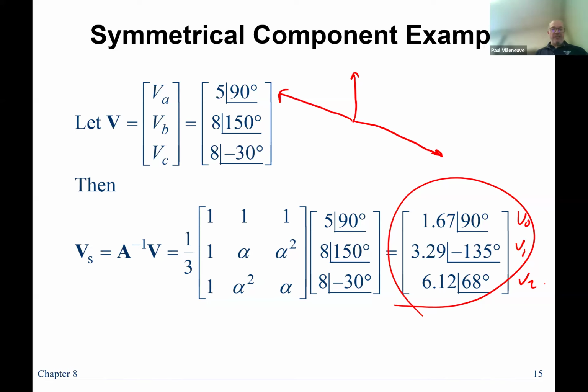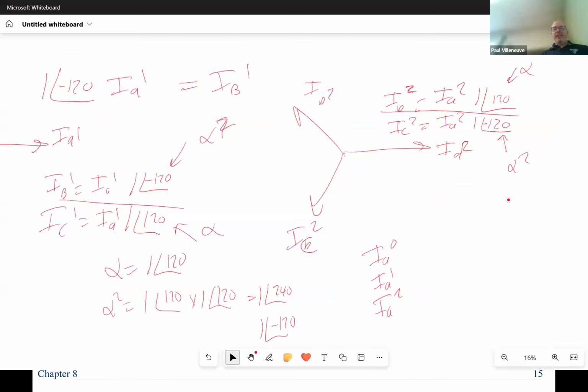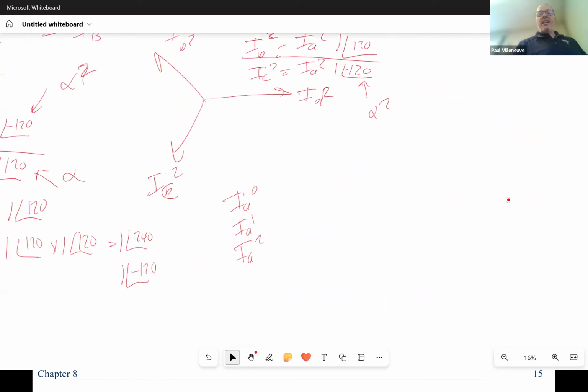Do you all remember how to do that in MATLAB? I don't have MATLAB up in here. Sorry about that. I might have rebooted. But to enter in A, we'll call it A. A is 1 at an angle of 120. To do that in MATLAB, it's just EXP of J times 120 times pi divided by 180.